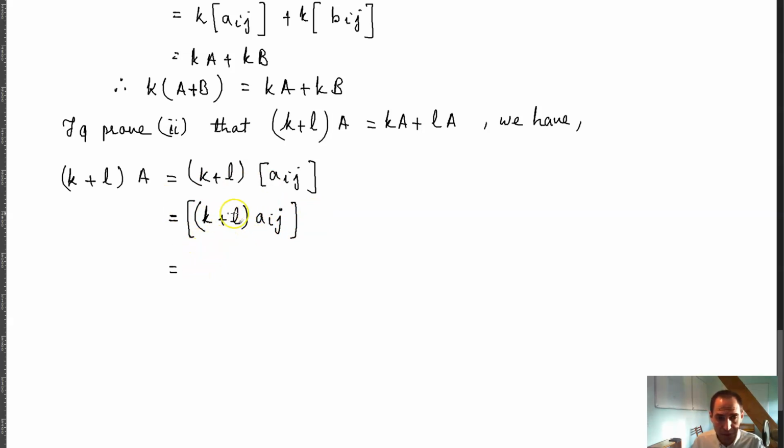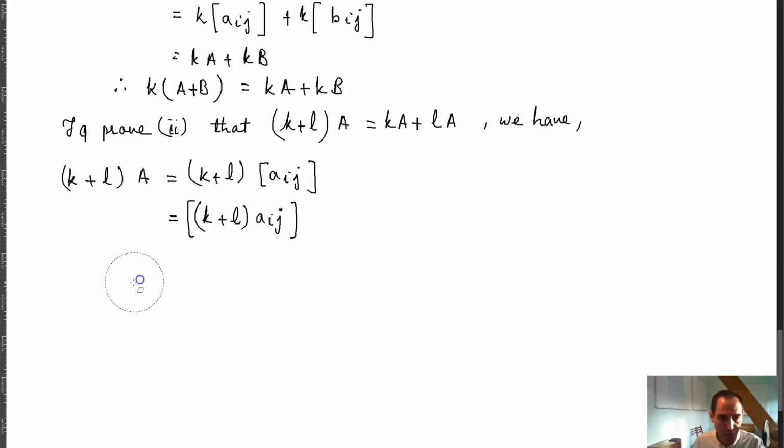and that you can write as basically k times a of ij, as a matrix, k times a of ij plus basically another matrix.